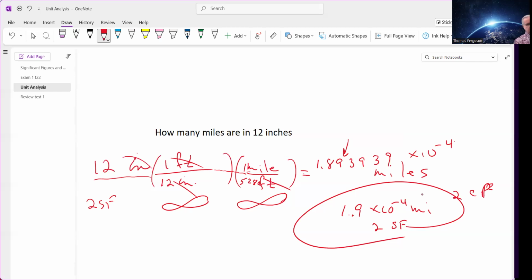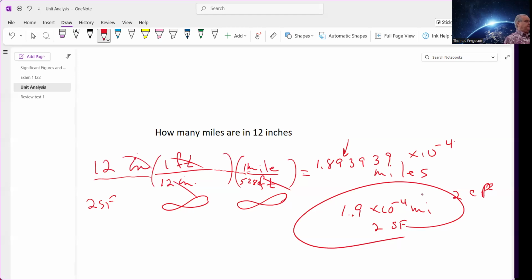So then 1 over 63,360 if you multiply those two. Right. So then how did you get 1.89 on that? Because I multiplied 12 times 1 times 1, divided the whole thing by 12, and divided the whole thing again by 5280.